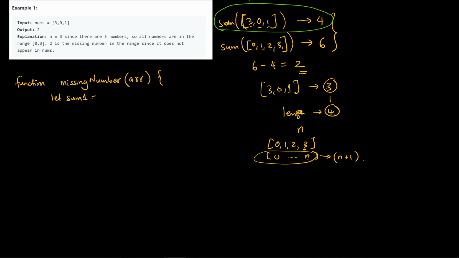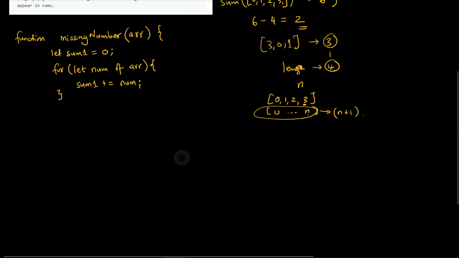Let sum1 be equal to 0, and then for let number of array, we'll just do sum1 plus equal number, just add in the number to that, and then that's our sum1.